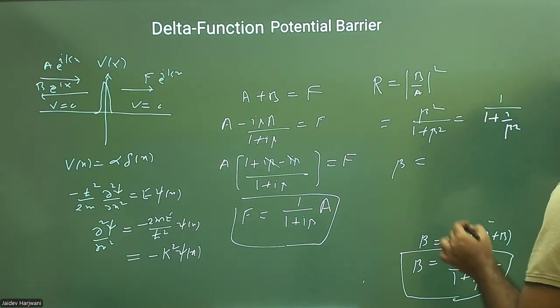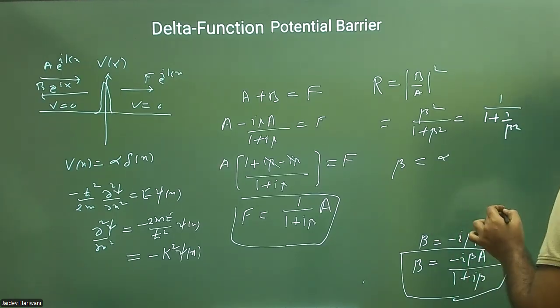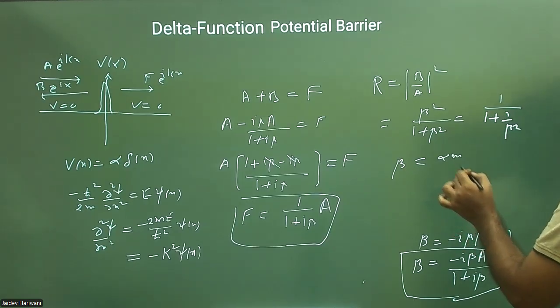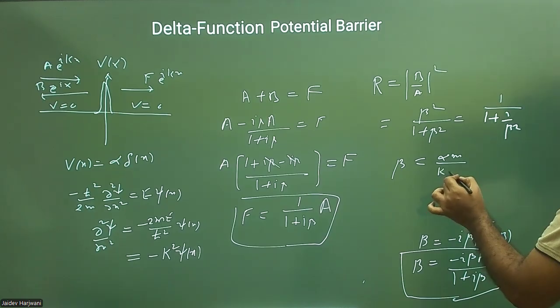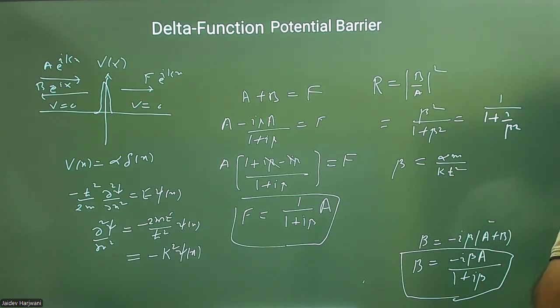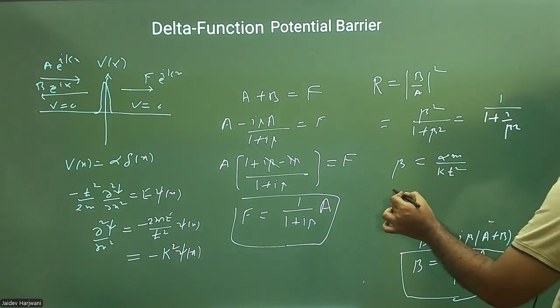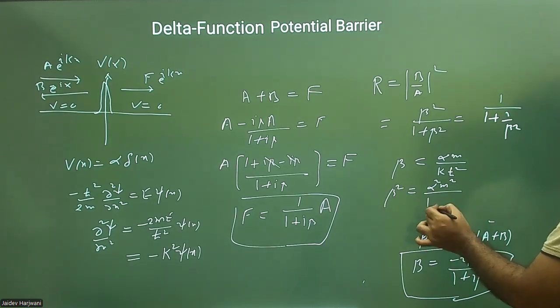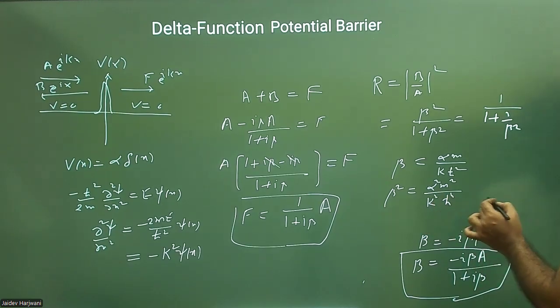And beta we already know. Beta was alpha m upon k h cut square. So beta square will become alpha square m square upon k square h cut 4.